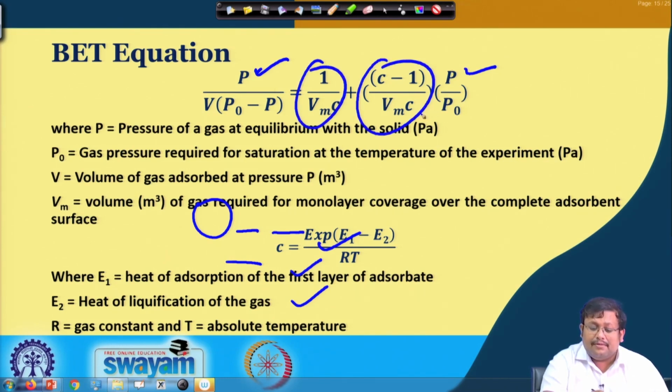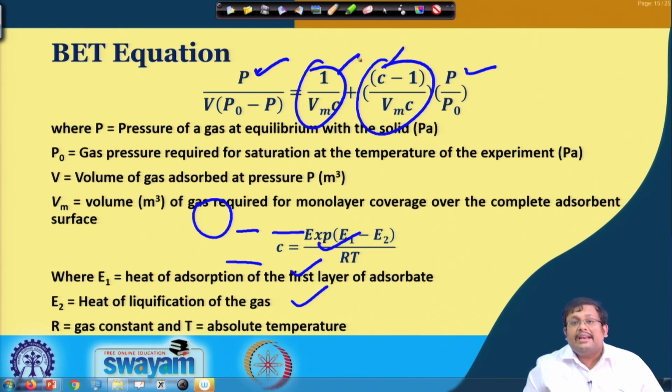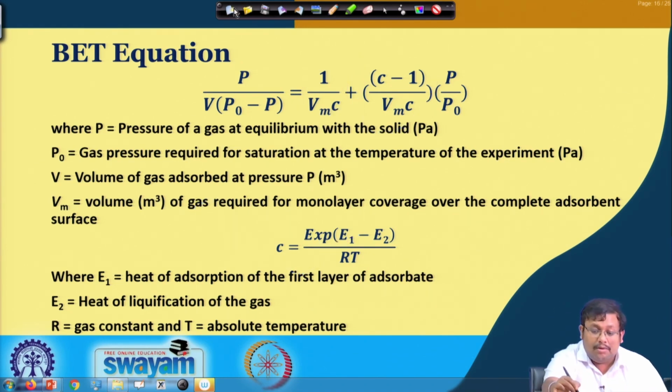So while drawing a graph we can calculate these two terms, and from there we can calculate the Vm.